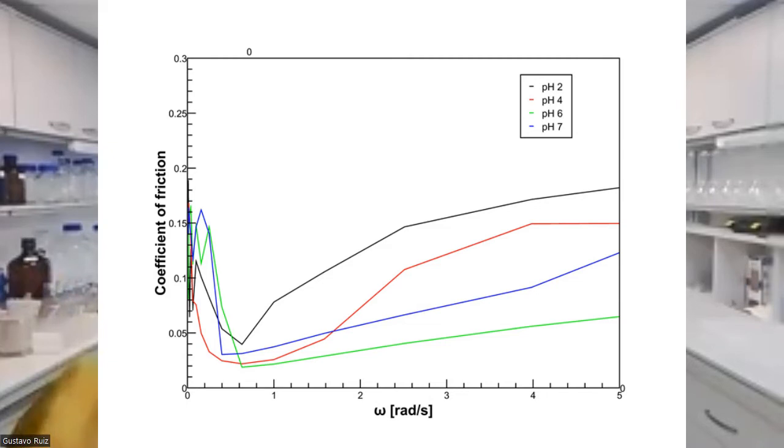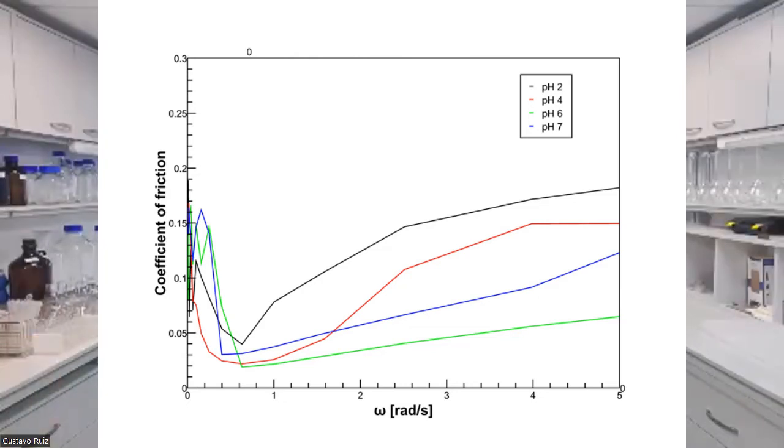But when the mucus exhibits some pH conditions related with more neutral values, 6 and 7, the coefficient of friction is lower because it has better lubricant properties, as I mentioned in figure 3. So it's only like a confirmation of the information that we get through the viscous profile.